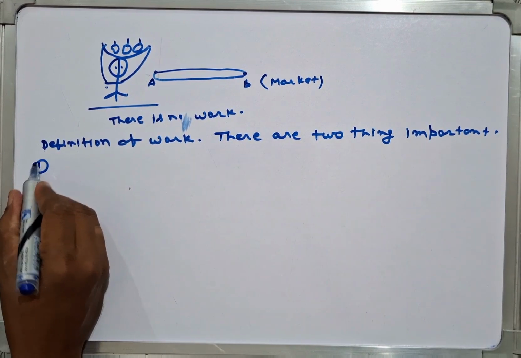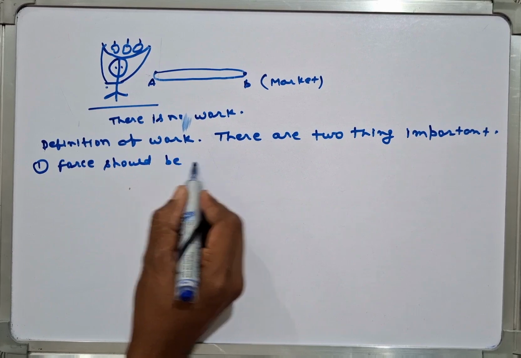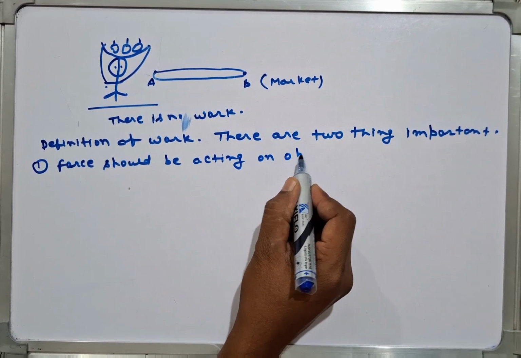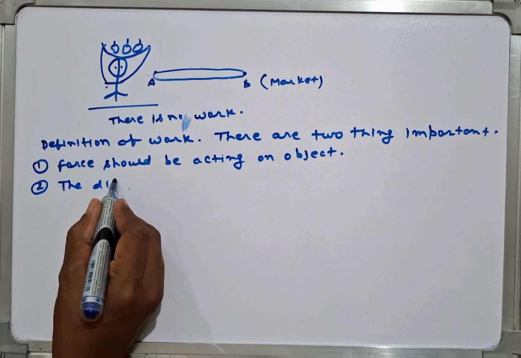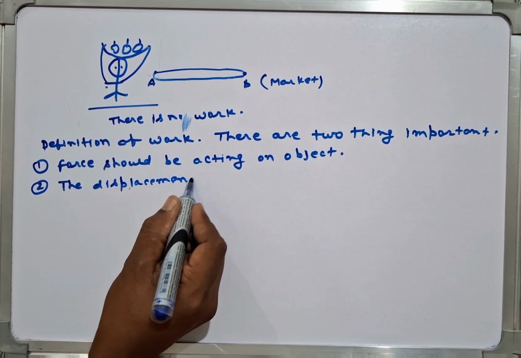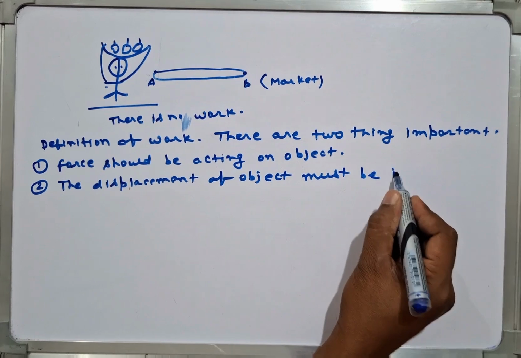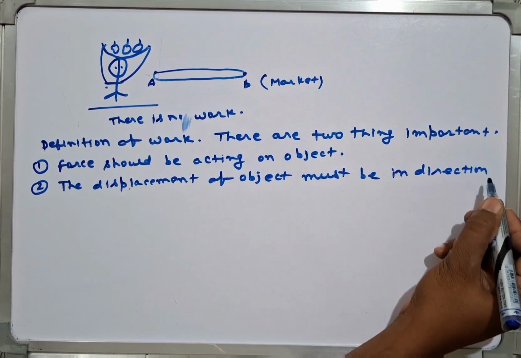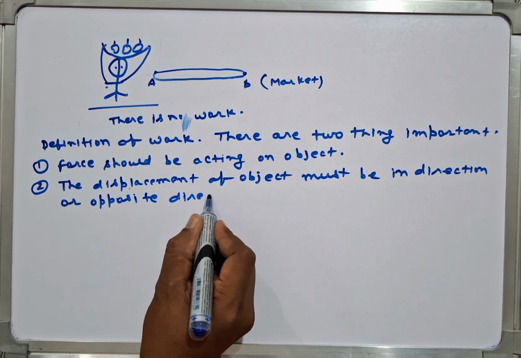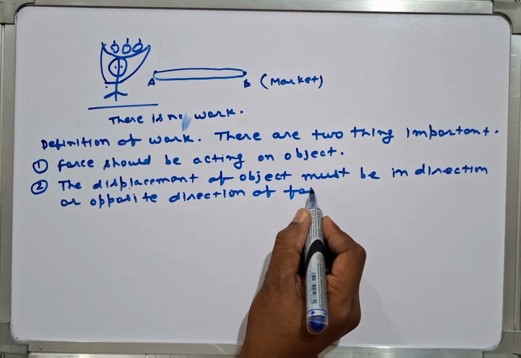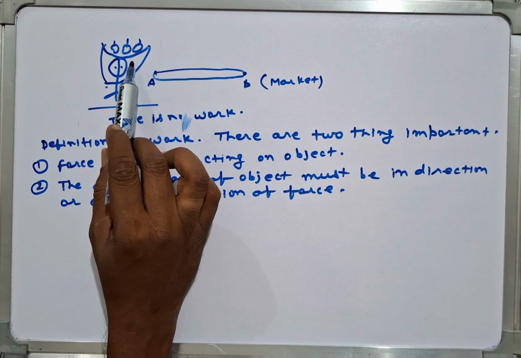The first one is that a force should be acting on the object, and the second one is that the displacement of the object must be in the direction or opposite direction of force.